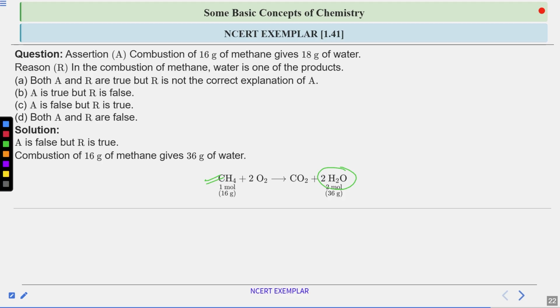According to this mole concept, we know that 1 mole has a mass of 16 gram and 2 moles will have a mass of 36 gram, as 1 mole has a mass of 18 gram. So 18 into 2, that will give you 36. So this equation clearly says that 16 gram of methane combustion will give you 36 gram and not 18 gram water. Is it clear to all of you?